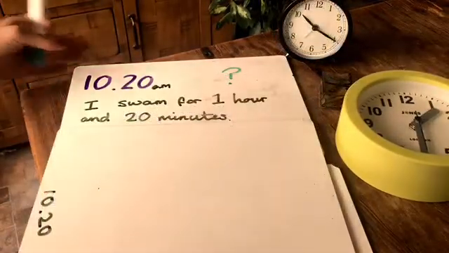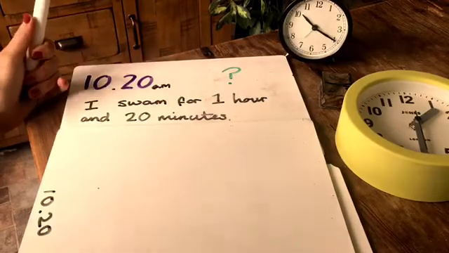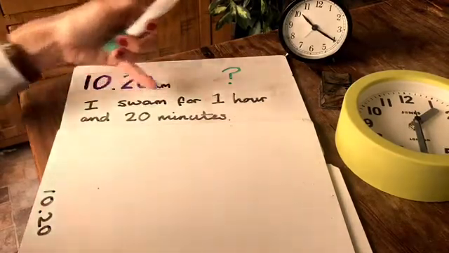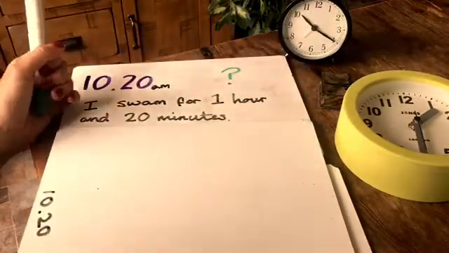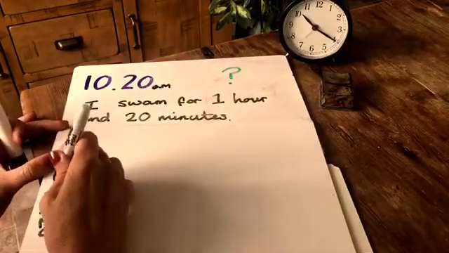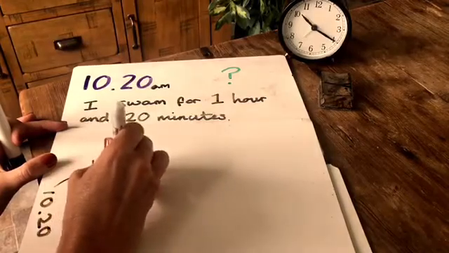Sometimes you might know the start time, 10:20, and you might know the time that was spent on an activity. So I swam for 1 hour and 20 minutes. And what you're trying to work out is what time you would have finished swimming. So 10:20, I'm going to jump forward 1 hour.